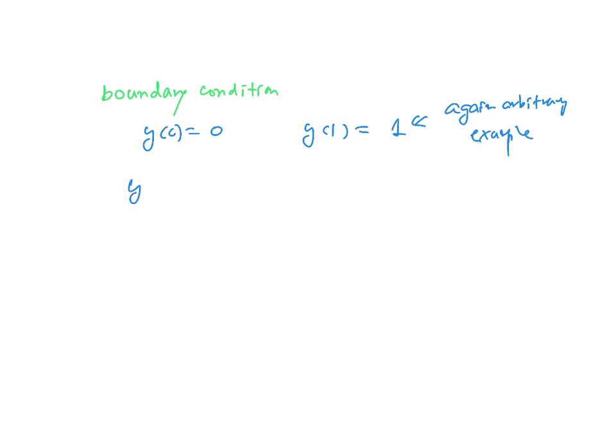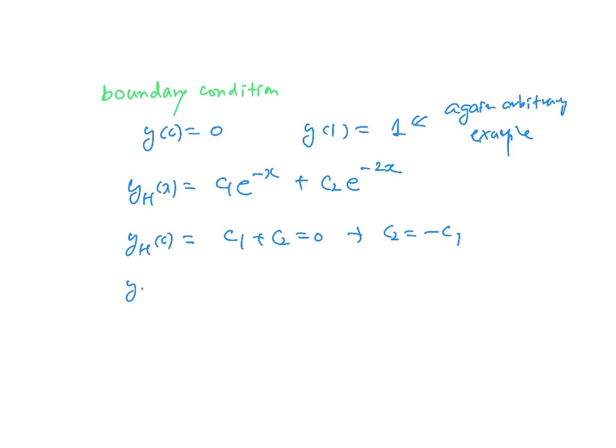Then yh(x) is c1 exponential minus x plus c2 exponential minus 2x, right? So yh(0) is c1 plus c2, which is 0, so c2 is minus c1. yh(1) is c1 exponential minus 1 plus c2 exponential minus 2, which is 1.